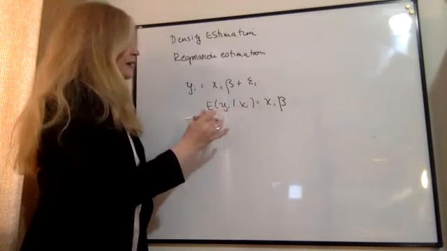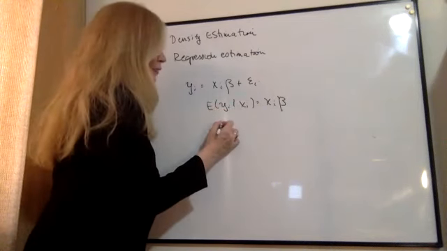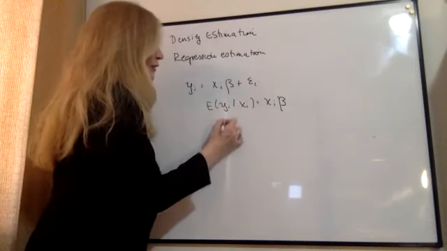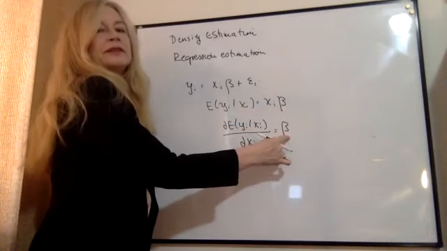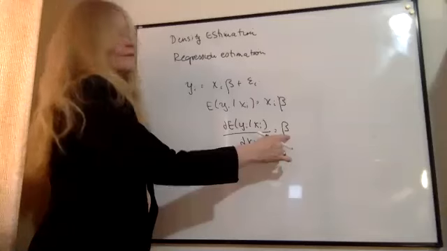And this actually also affects the derivative of y, because we're assuming that the derivative of E of yi with respect to xi equals beta. So we're really imposing an assumption on the conditional mean and on the derivative, okay?